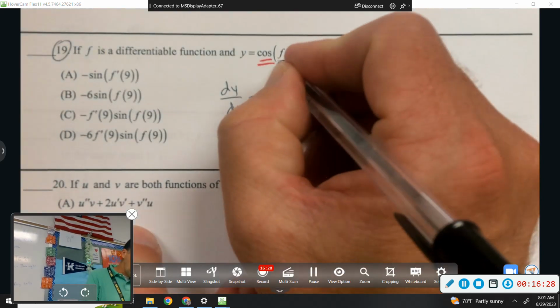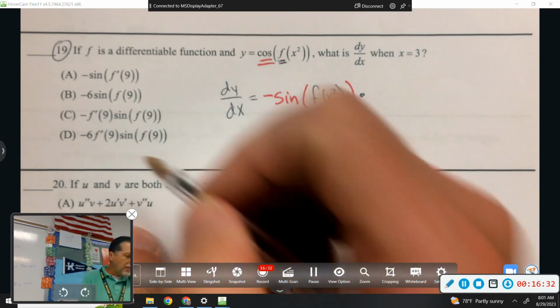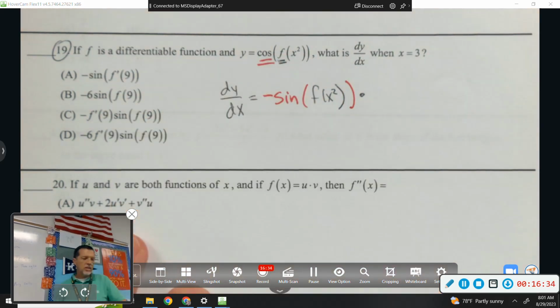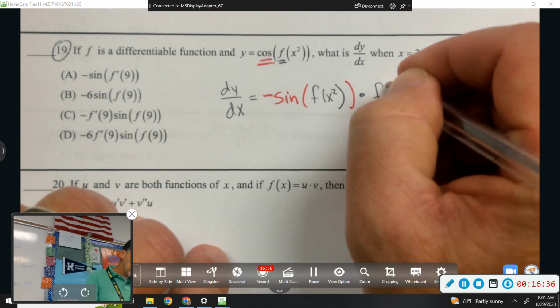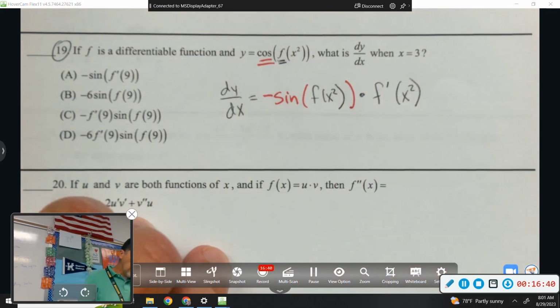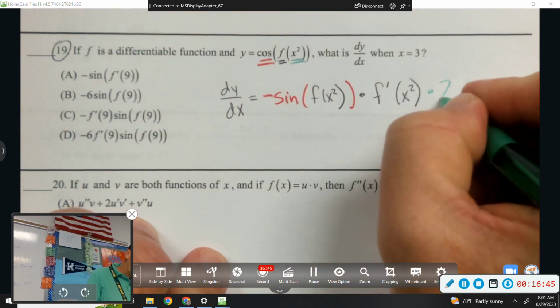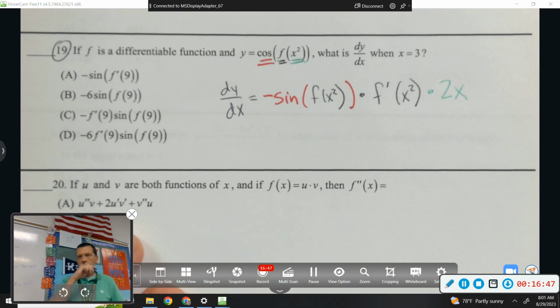We don't really know what f is, but I look at my answer choices and some of them have f prime in it. So I guess we just roll with f prime of x squared. And then lastly, the derivative of x squared is 2x. So I've got this thing all chained together.